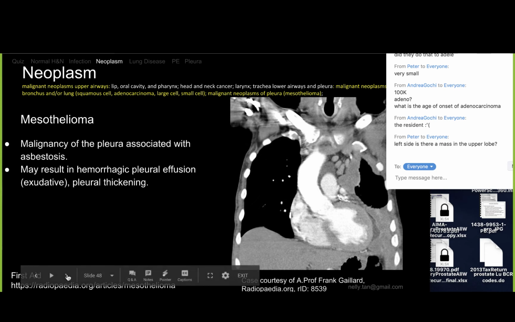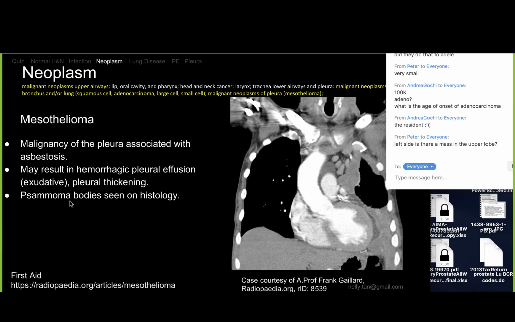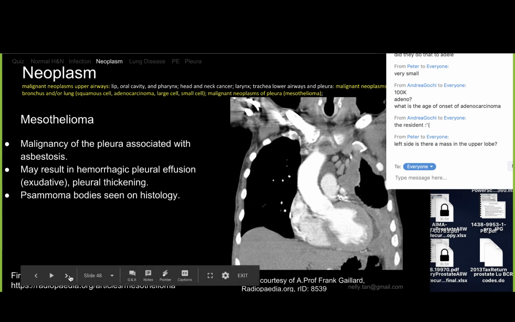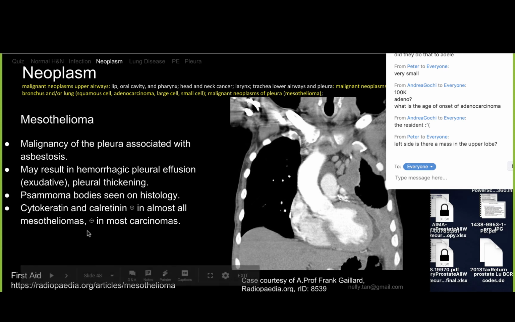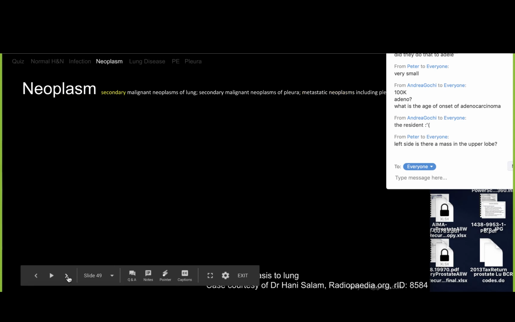So this is mesothelioma and is associated with asbestos exposure. Patients get pleural thickening, and I guess you can see some psammoma bodies on histo. And then this is more First Aid stuff for you to memorize: cytokeratin and calretinin. Smoking is not a risk factor. It's more of an occupational exposure from asbestos.